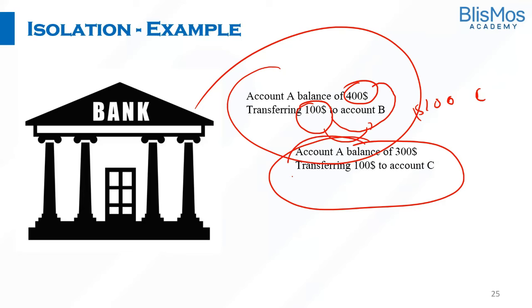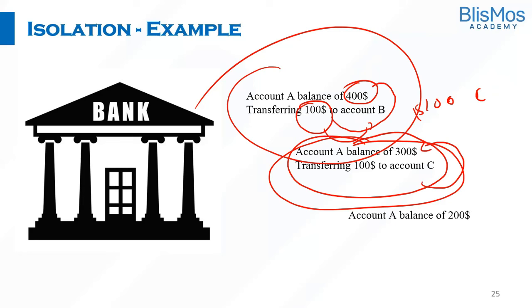Then this transaction reads the balance of account A as $300. Finally, after the transfer of $100 each to account B and account C, the balance of account A is only $200, which is right. So this is ensured by the isolation property.